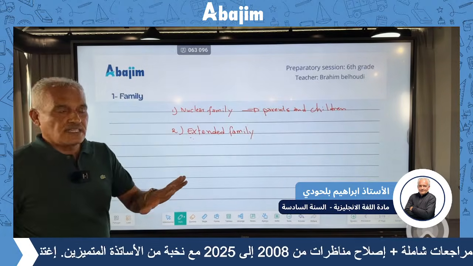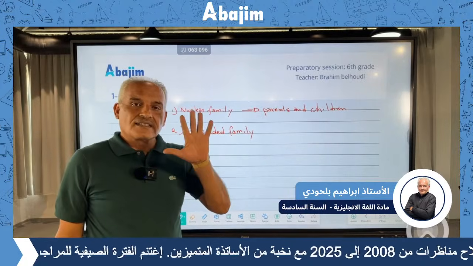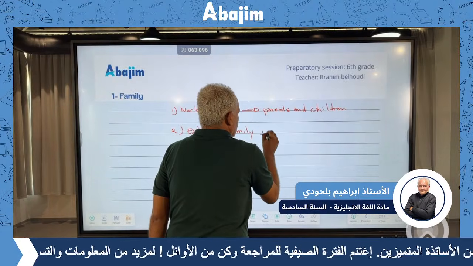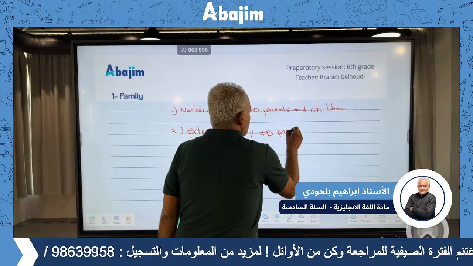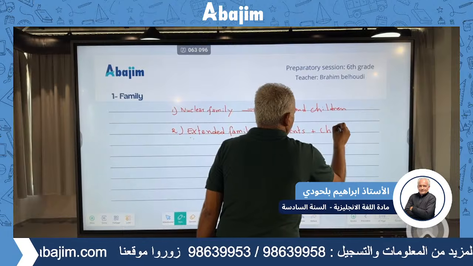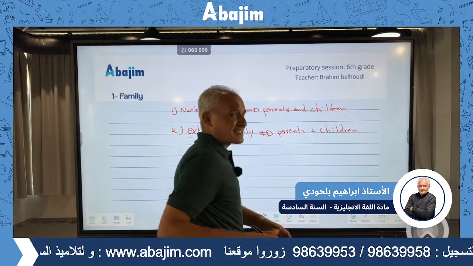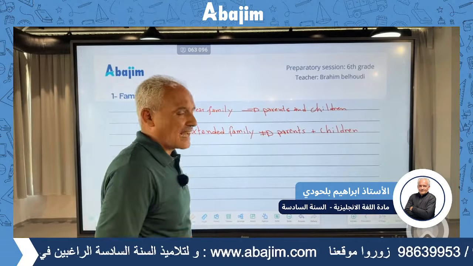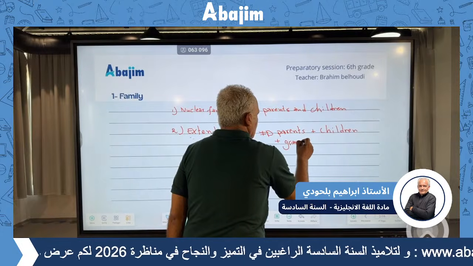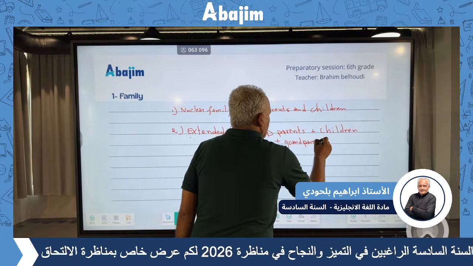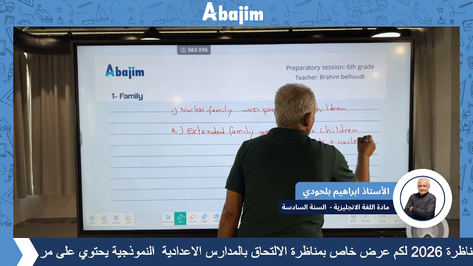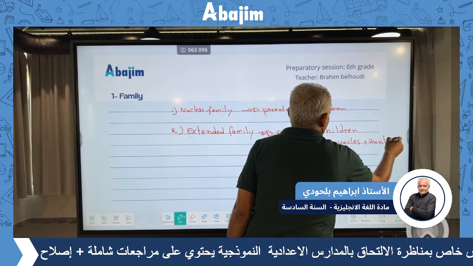And it includes parents plus children plus other relatives like grandparents and uncles and aunts, okay?